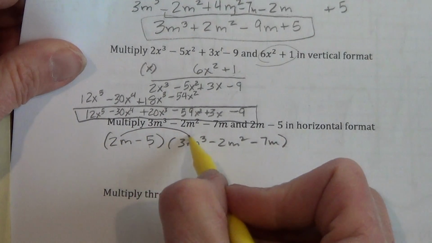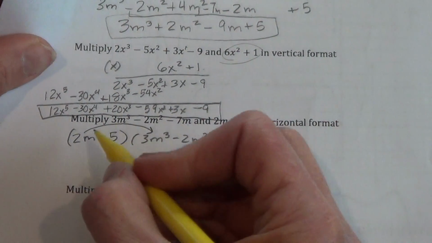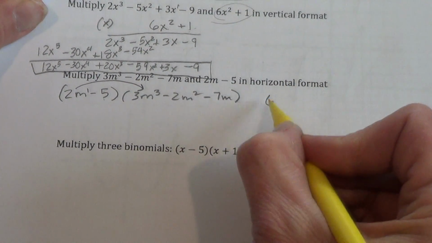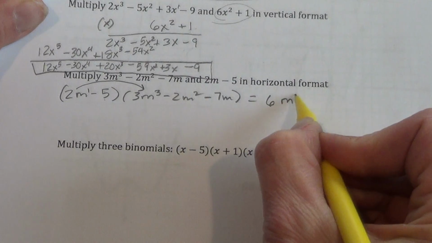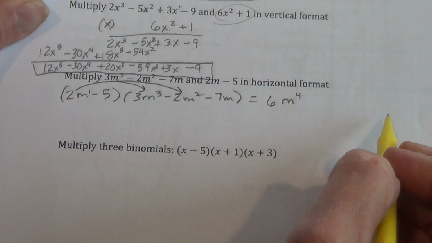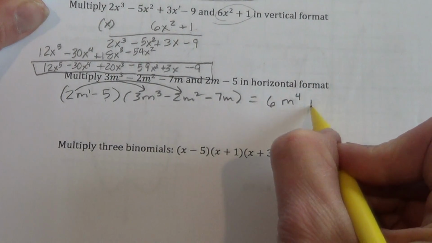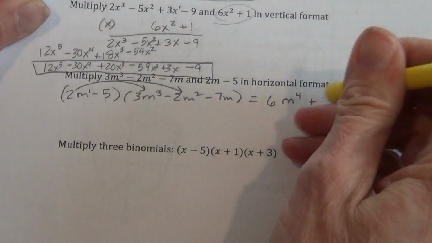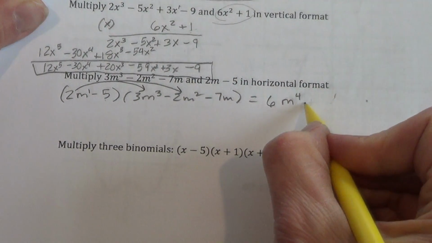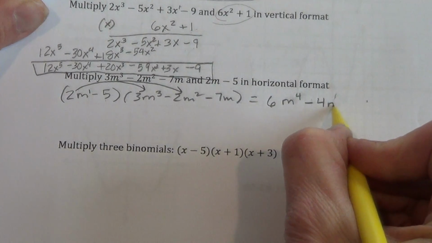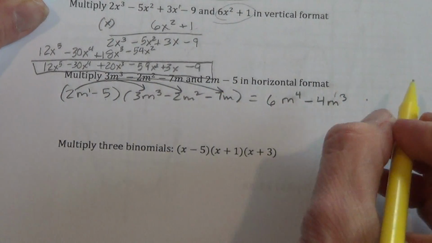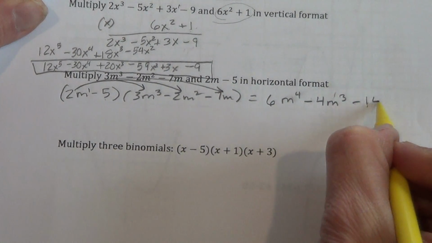So 2m times 3m cubed, that's a 2m to the first, would be 6m to the 4th. 2m times negative 2m squared, it's a 2 times a negative 2, that would be a negative 4m to the 3rd. 2m times negative 7m would be a negative 14m squared.